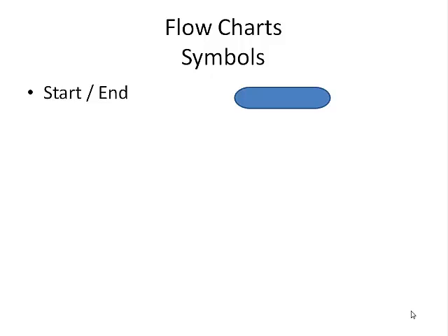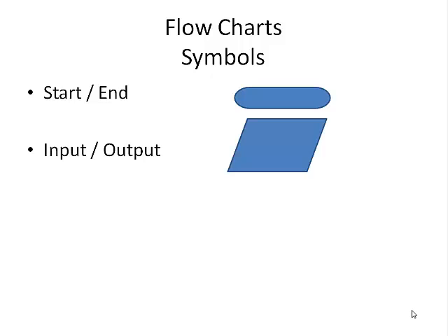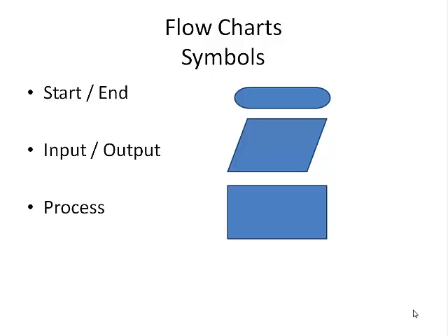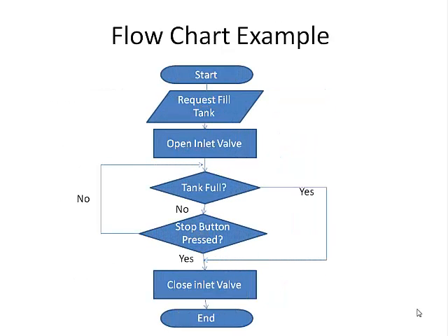We start and we finish with the lozenge-shaped symbol. We've got inputs and outputs, IOs if you want, that's a parallelogram. We have the process itself, the particular function, and we have the decision point in the program. Stick all these together and what we get is a flowchart.